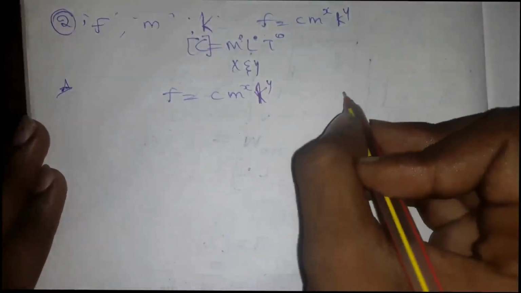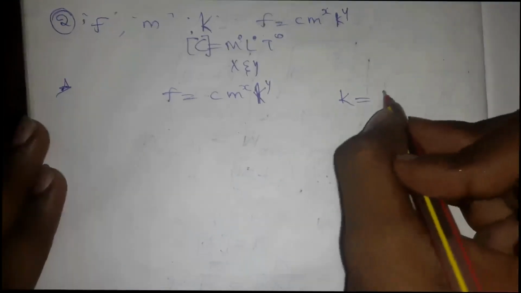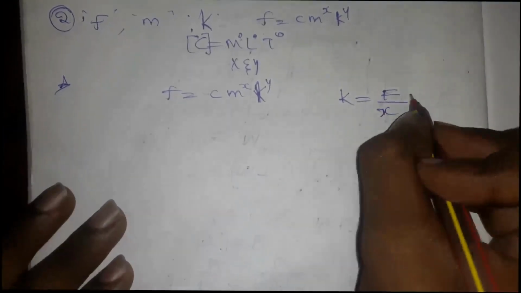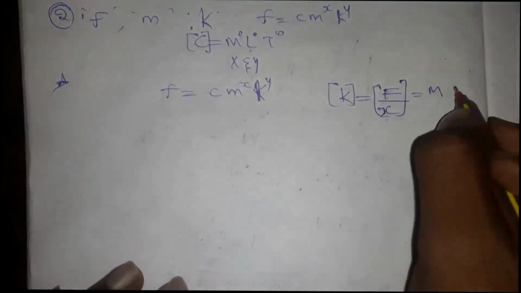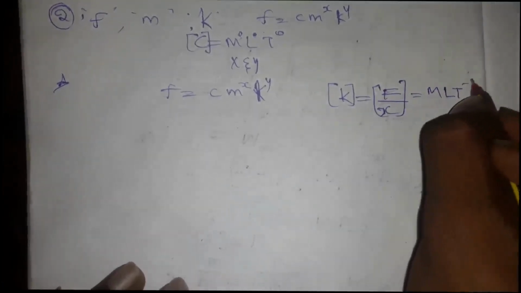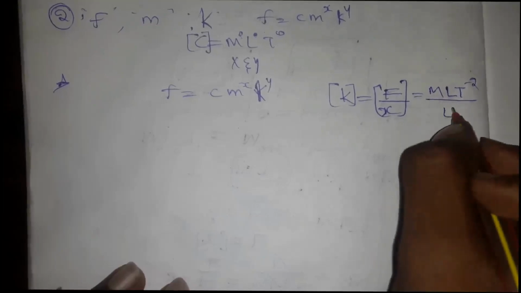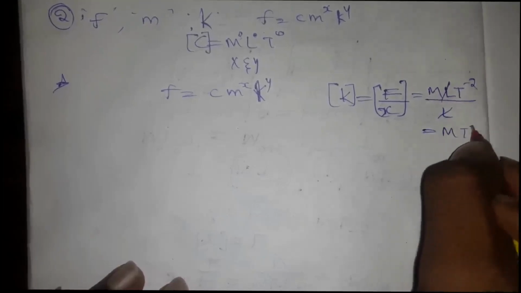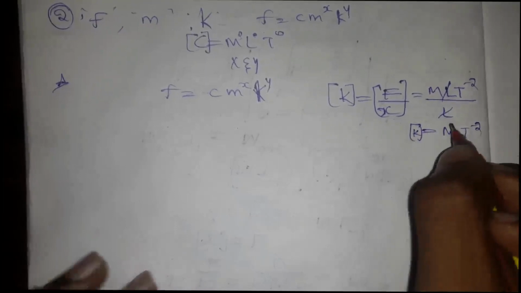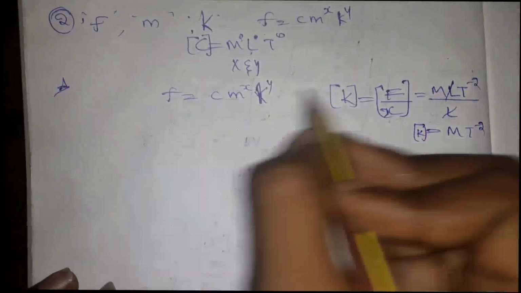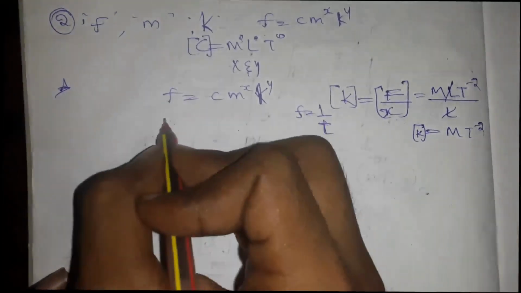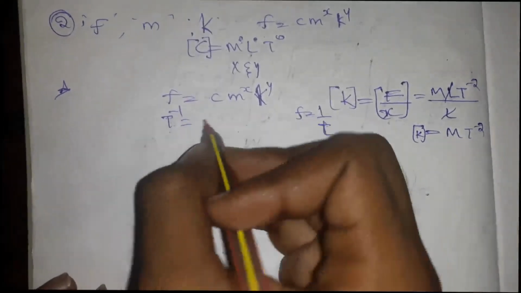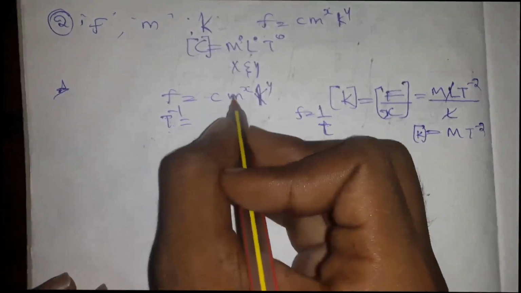Here k is the spring constant. The spring constant formula is force by x, which means the dimension is MLT minus 2 over L, that is L cancels, MT minus 2. So the dimension of k is MT minus 2. Frequency is 1 by T, so the dimension of frequency would be T minus 1, and m is mass.